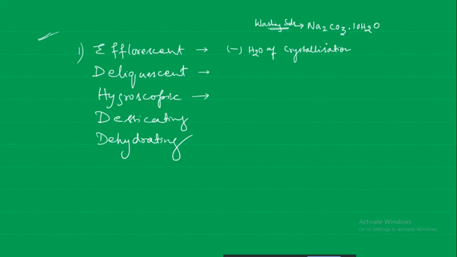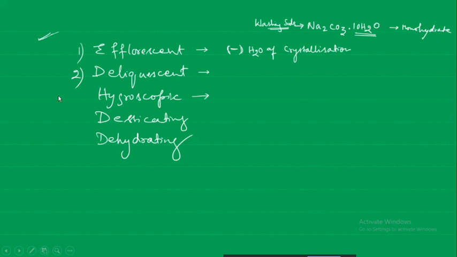It will lose water of crystallization and become a monohydrate. Nine waters of crystallization it is going to lose. This process, in which it loses its water of crystallization on exposure to dry air, is efflorescence, and the substance is efflorescent.